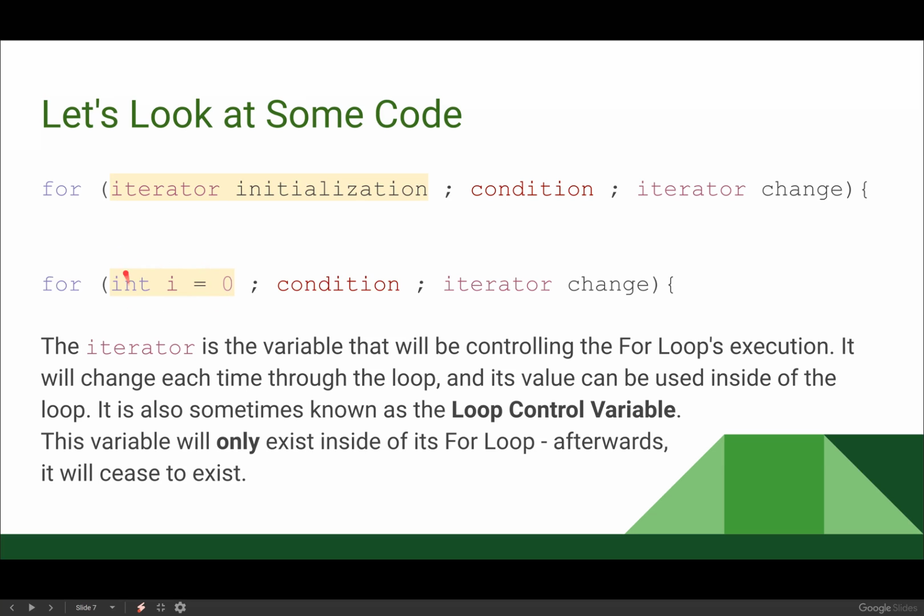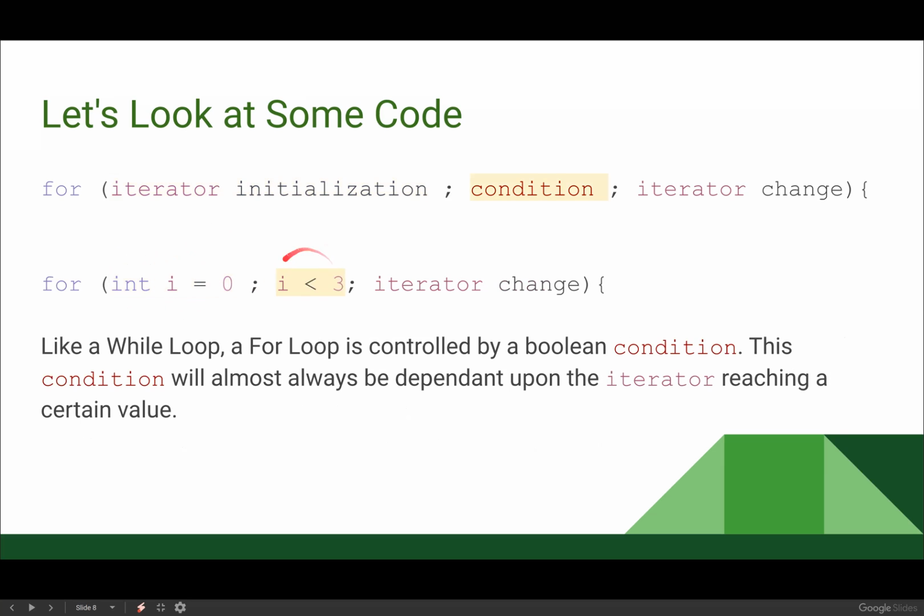So we are declaring and initializing our variable here. Next, we are going to have our condition. So my example is saying i < 3. So as long as my iterator is less than 3, I'm going to continue looping. So the condition for our for loop will almost always be dependent on our iterator reaching some value.